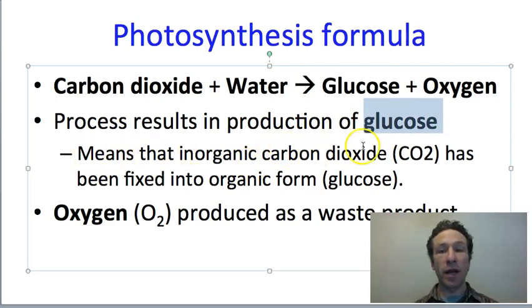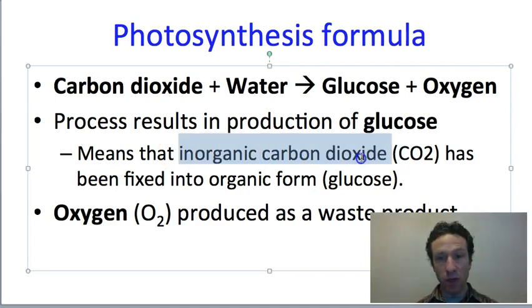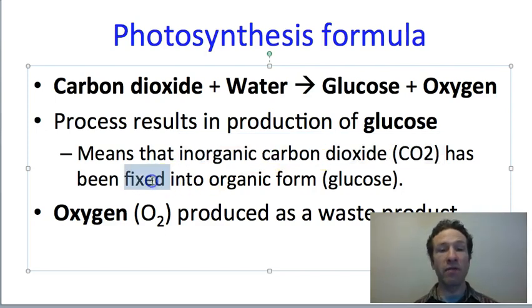Remember that carbon dioxide has only one carbon in it. That means that carbon dioxide counts as an inorganic carbon. And organic carbon always has at least two carbons connected in some more complex molecule. That means in the process of photosynthesis, we are going from inorganic carbon and we are fixing it into organic form.